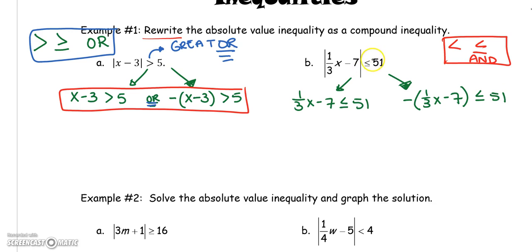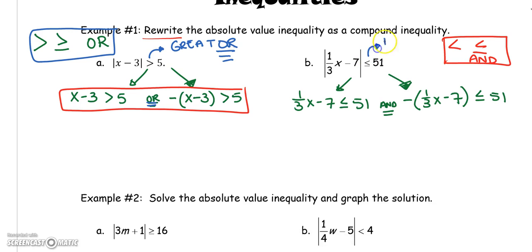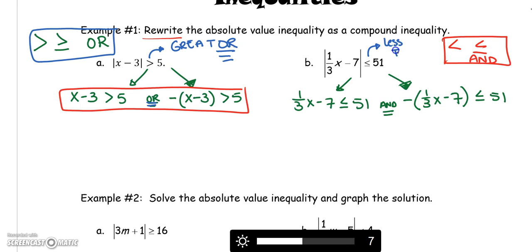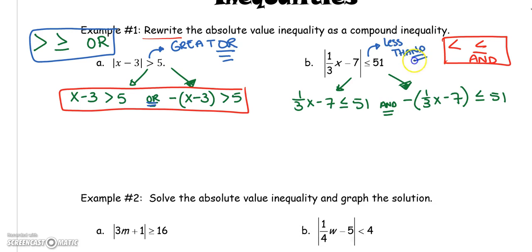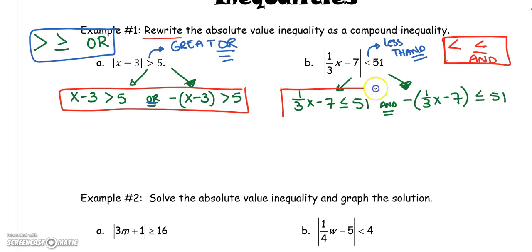Since this is a less than problem, we have to put the word AND between them. Here's how I remember this one: less than. Just a quick trick for me to say, okay, AND must be between these two problems in order for me to be done. So this would be us rewriting these compound inequalities.